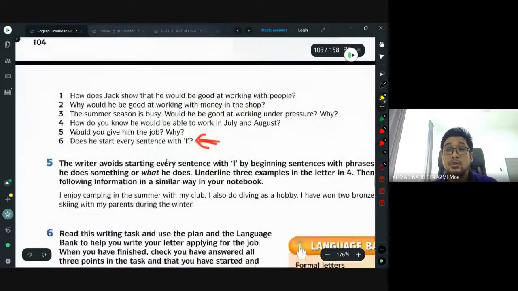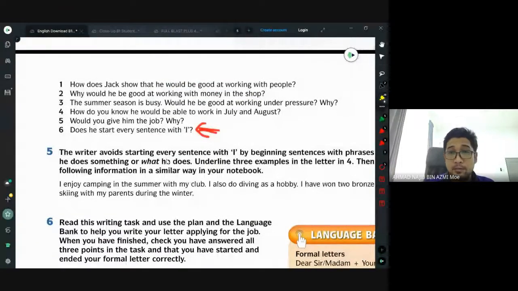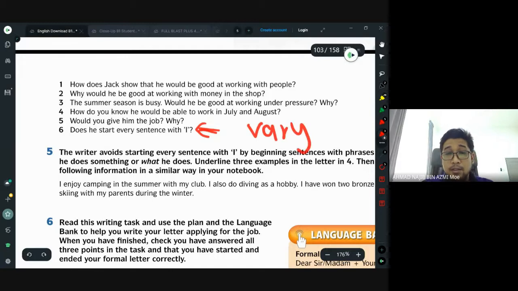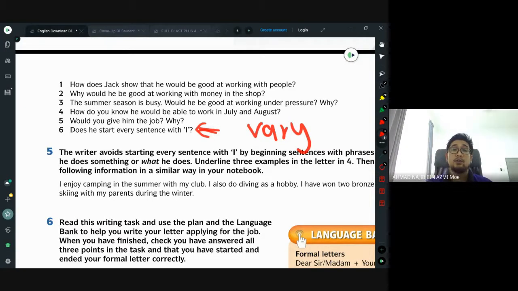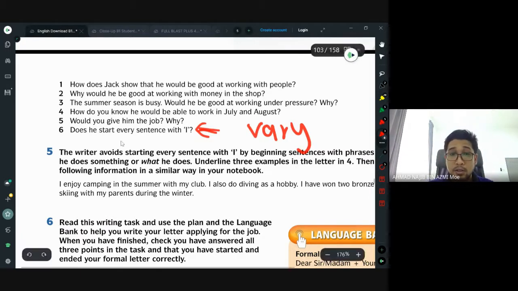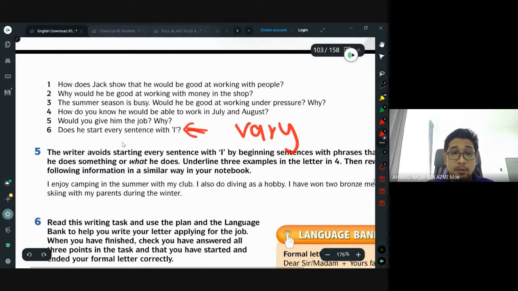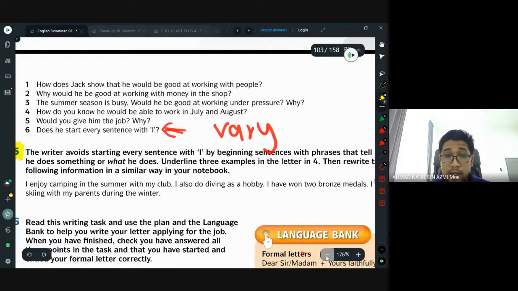So try to vary, V-A-R-Y, vary, pelbagaikan. Can vary from the word variety, kepelbagaian. Try to vary your sentences so that it does not become very monotonous. Yeah. As we can see here, number 5, the writer avoids starting every sentence with I. Bukan tak ada langsung.